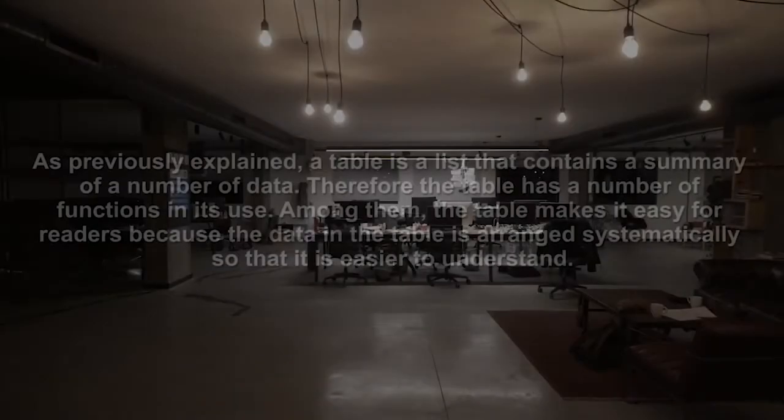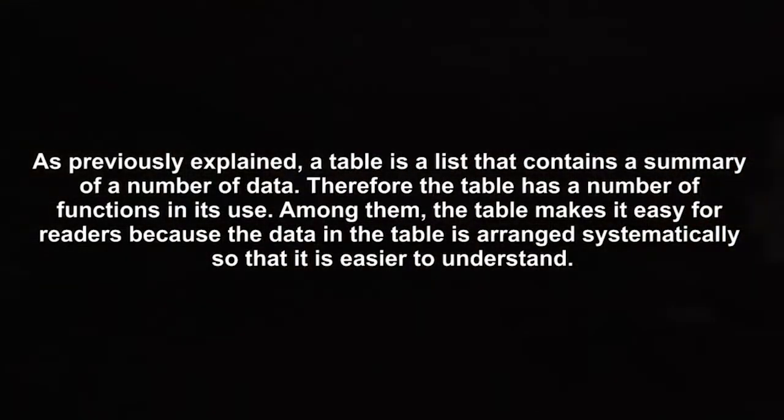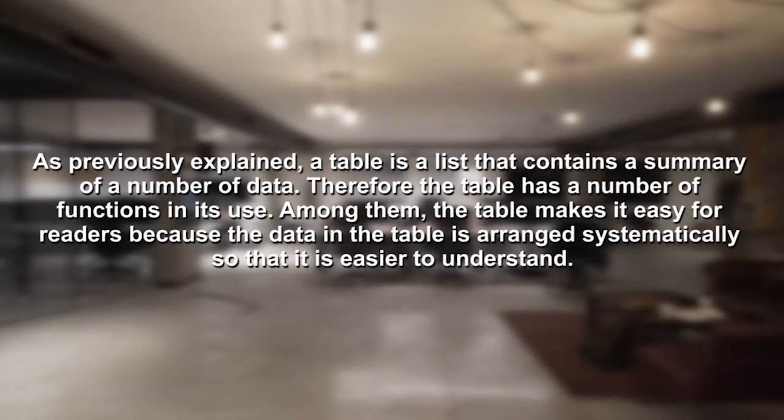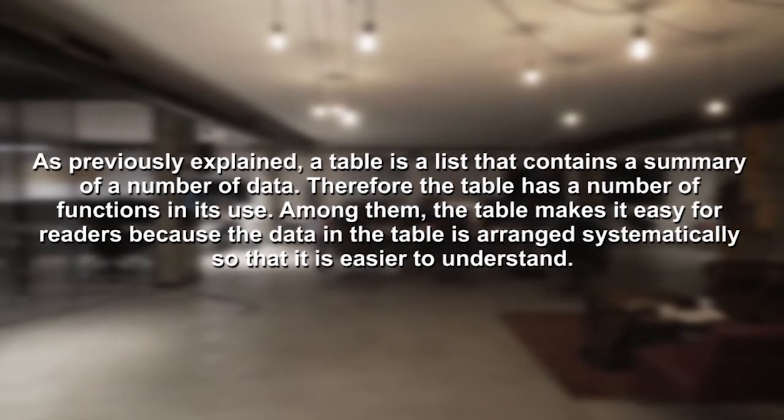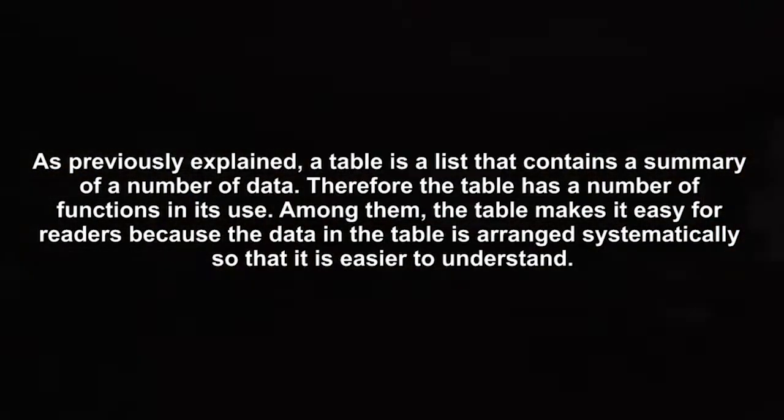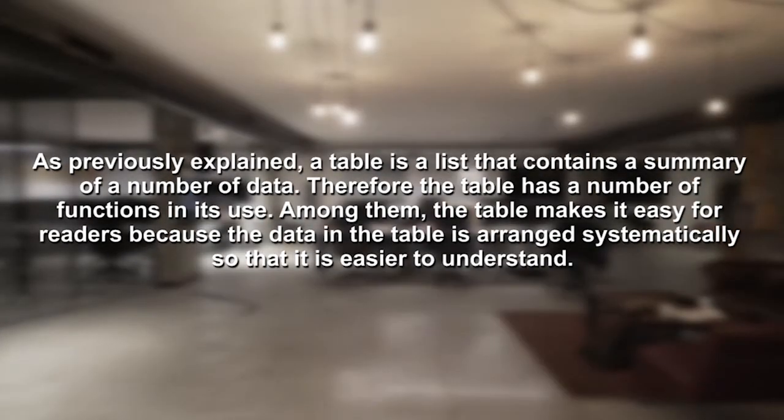Okay, next we move to the table function. As previously explained, a table is a list that contains a summary of a number of data. Therefore, the table has a number of functions and uses. Among them, the table makes it easy for readers because the data in the table is arranged systematically so that it is easier to understand.